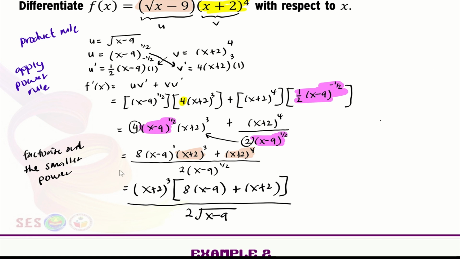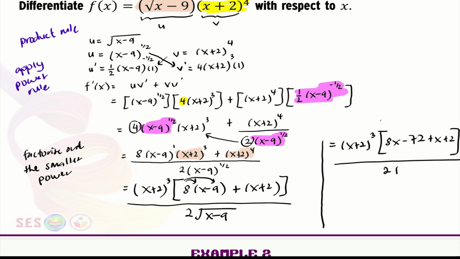Okay, so now we should simplify the numerator a little bit. I'm going to use this space now. So we have (x plus 2) cubed, times, expanding this bit here, 8x minus 72, plus x plus 2, divided by 2 times the square root of x minus 9.